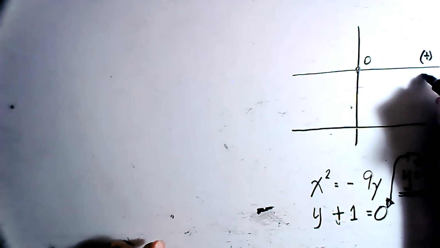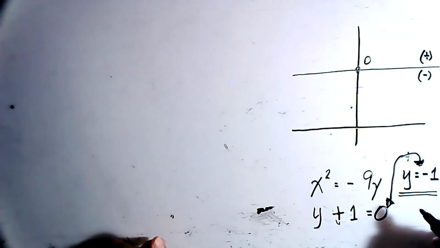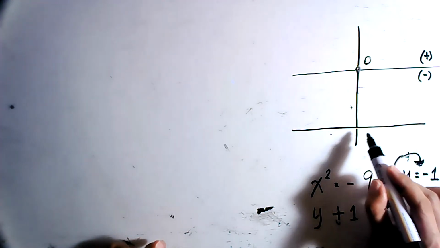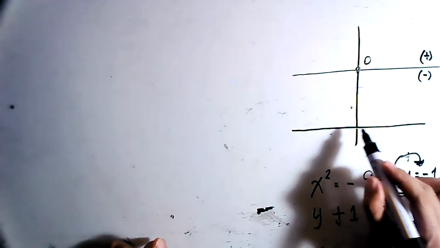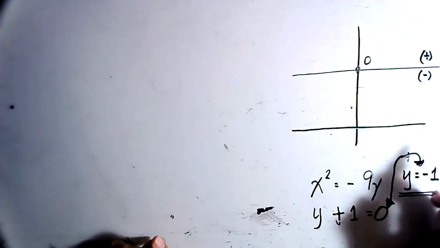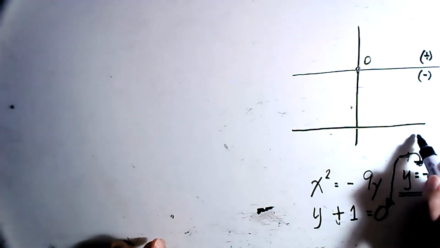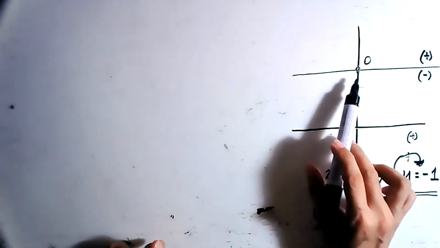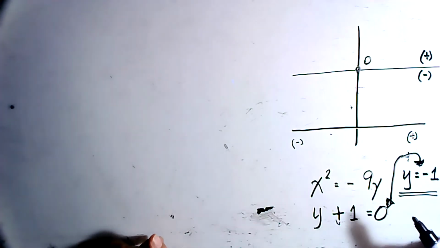And all those which are below the point of origin will have a negative sign, while all those which have value on the right side would have positive value, and all those on the left side will be negative value.